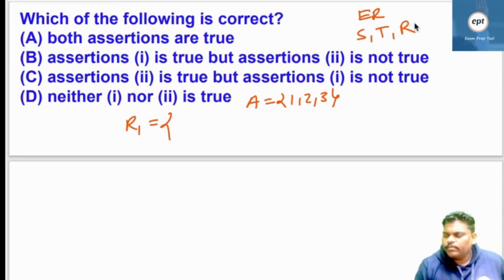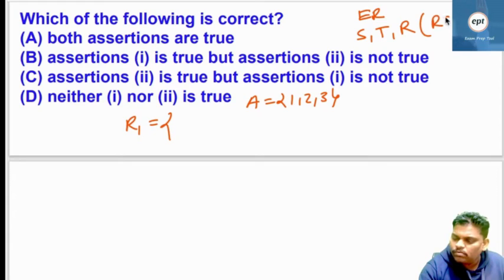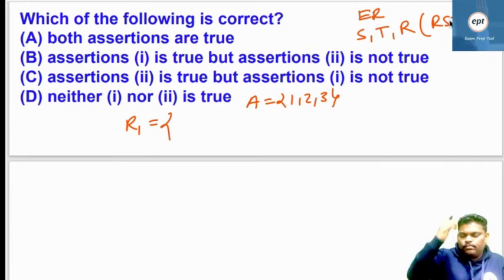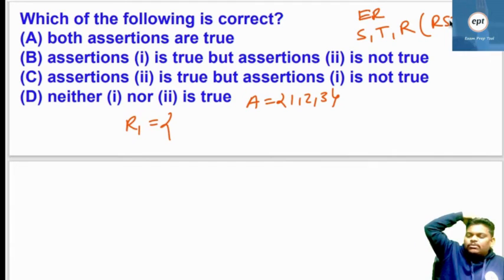Am I right? Equivalence relation means symmetric, transitive, and reflexive. RST. In the class we are already done. Equivalence relation means RST: reflexive, symmetric, transitive. Am I right?